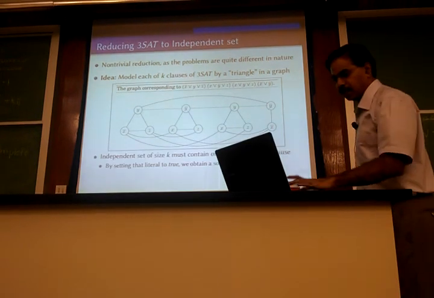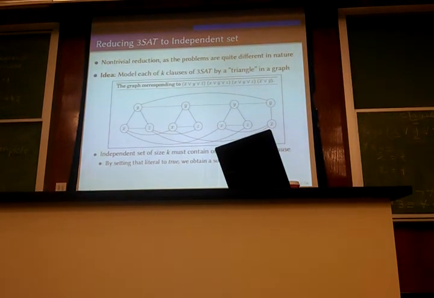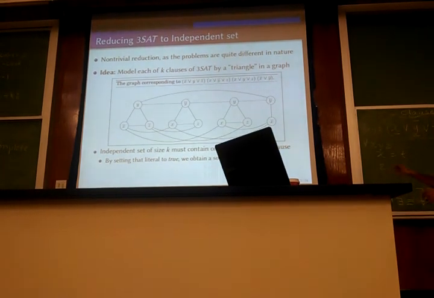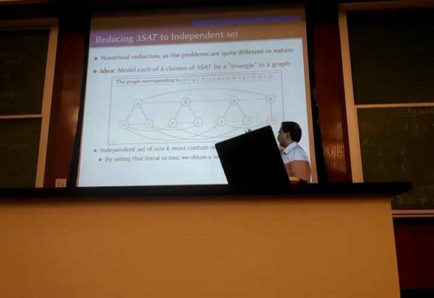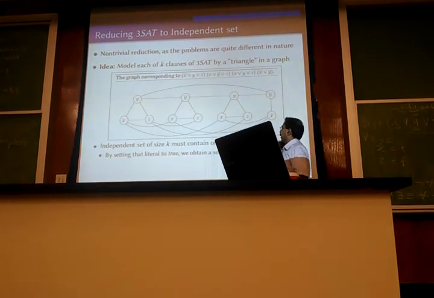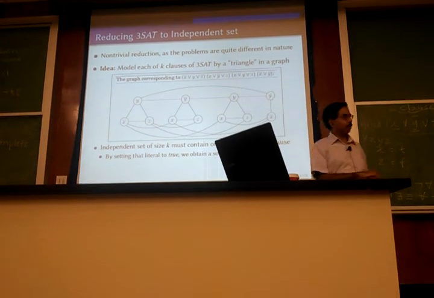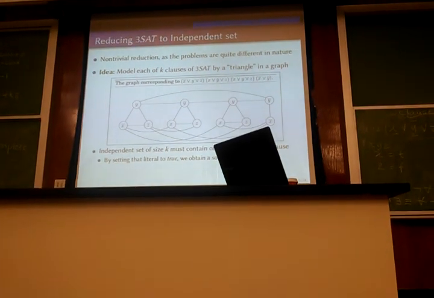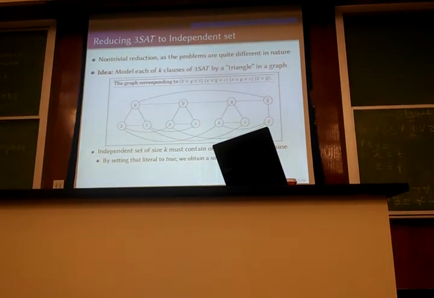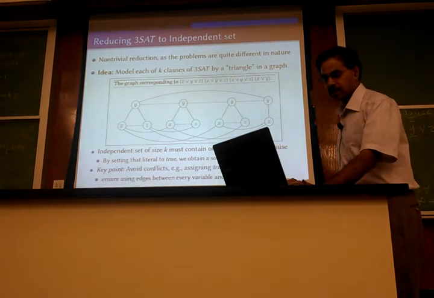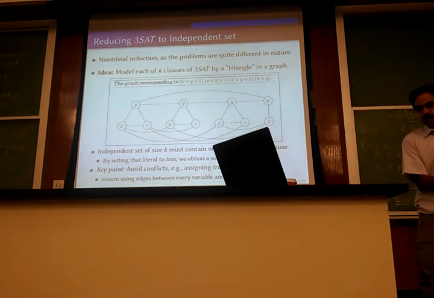So once we do this, we can show that if there is a solution to pick an independent set here, that independent set will also end up being a satisfying assignment for the 3-SAT problem. And that's how we show that independent set is NP complete.